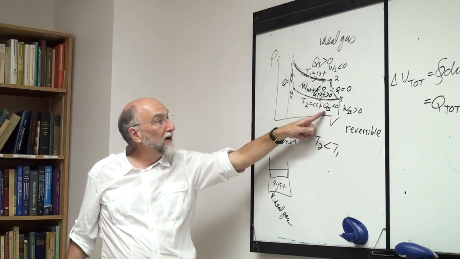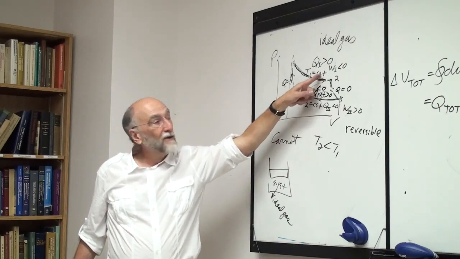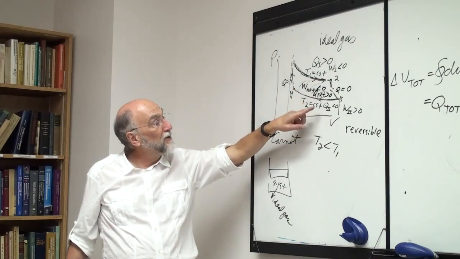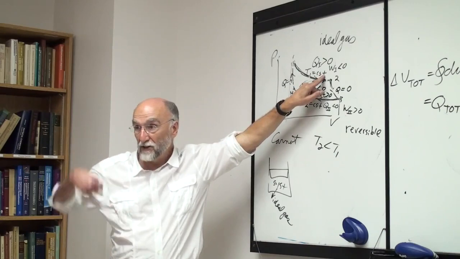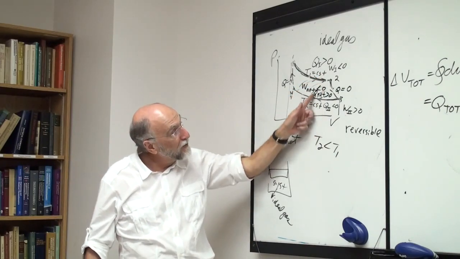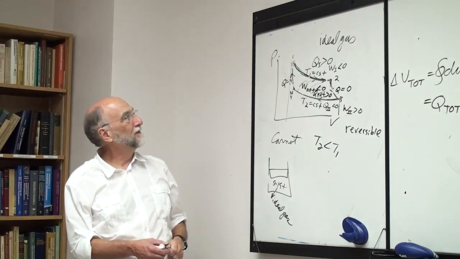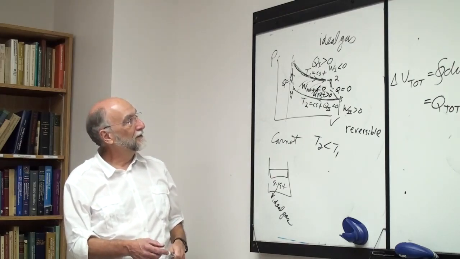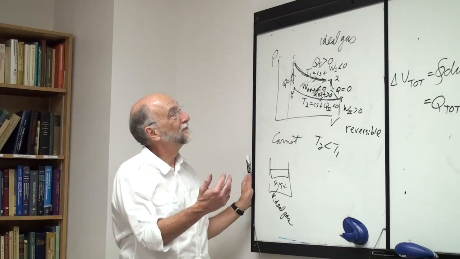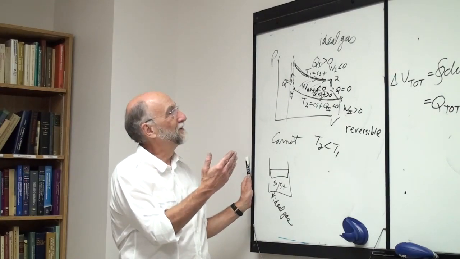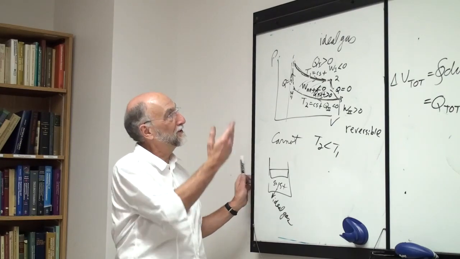Q2 is now positive and Q1 is negative. So what's happening here is that you're pumping heat from the low temperature to the high temperature. You're putting energy in, heat is being absorbed here. Q1 is negative, and Q1 is positive, you're adding heat to the system.